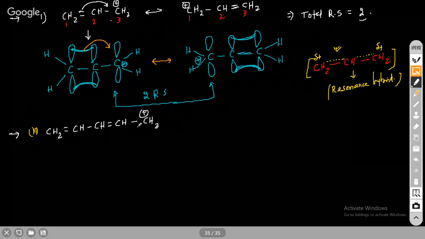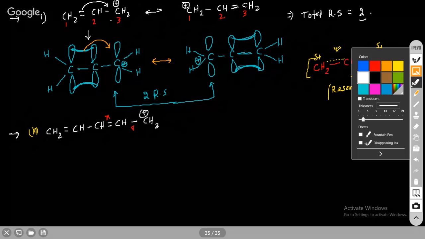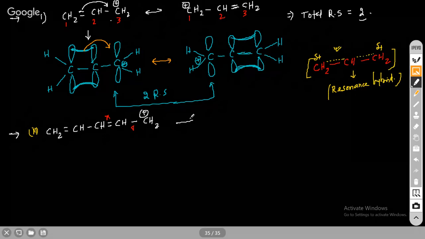It must have a conjugated system, right? So you see here it is pi, sigma and positive charge. See here, this one, it is pi, sigma and positive charge. So this is a conjugated system, so you can draw the resonating structure of this, since resonance is possible.